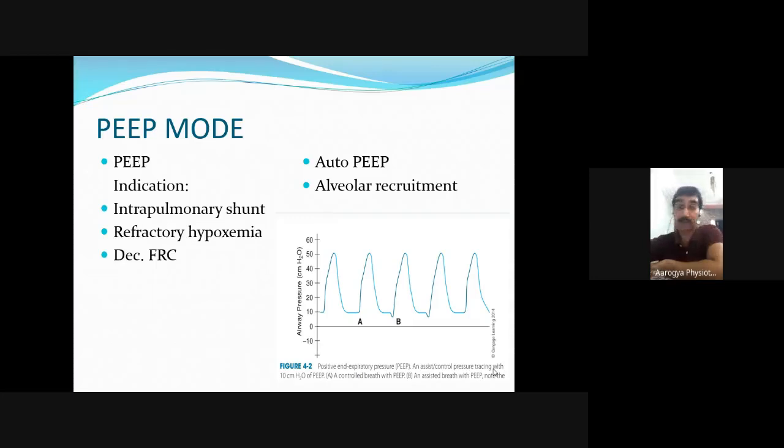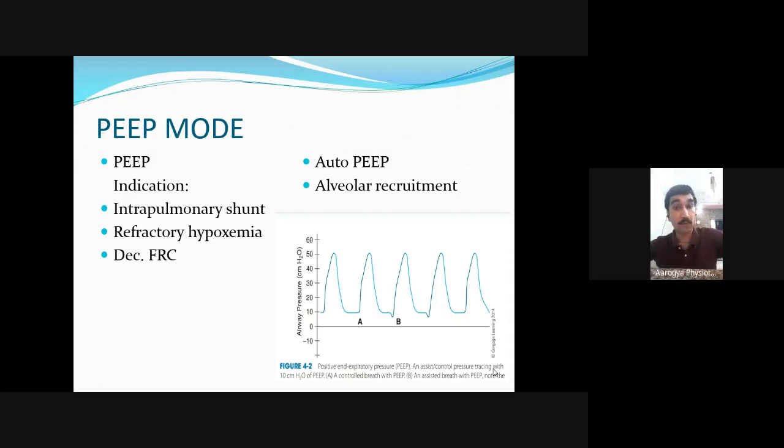It comes back to 10 in the A wave. But if you see the B wave, there is a small negative deflection. That means the patient has put up a spontaneous activity. So just by looking at the waveform, you can actually come to know how much the ventilator is doing the activity and how much the patient is putting up his or her own effort in respiration.